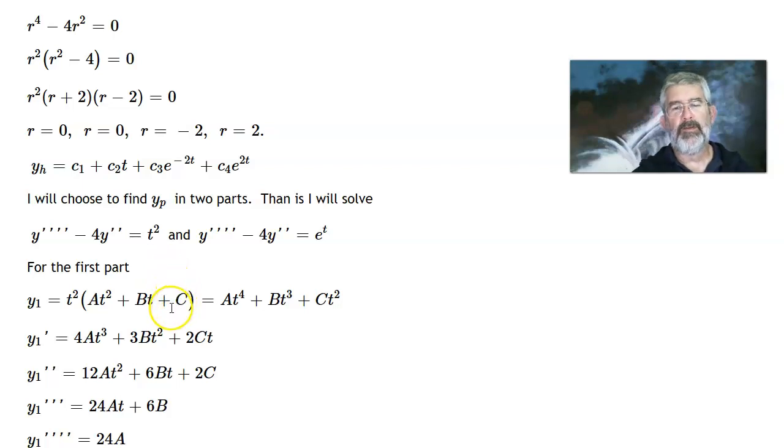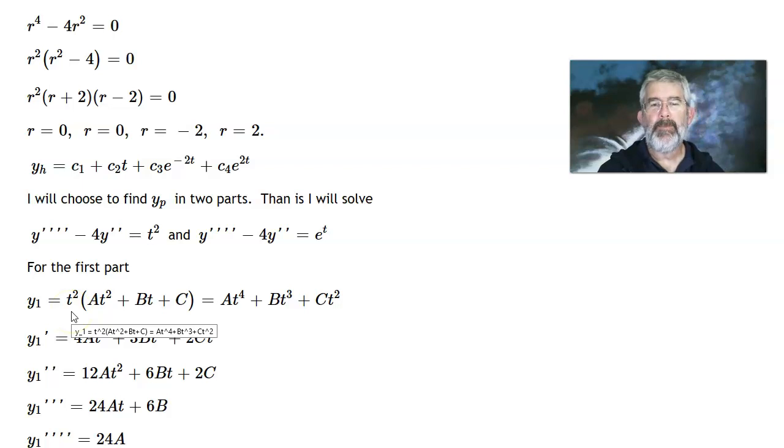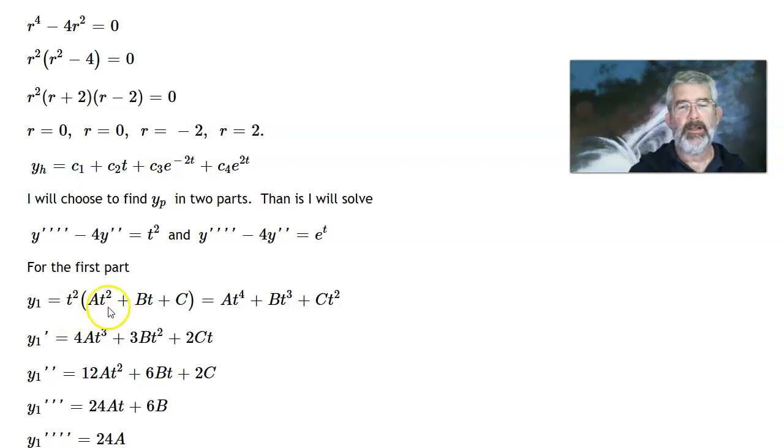So what I have to do then is multiply by a power of t until none of this stuff looks like it's part of the homogeneous. So if I just multiplied by t, this would be a t cubed, that would be a t squared, this would be a c times t, but c times t is still part of the homogeneous solution. So I've got to multiply by t squared.